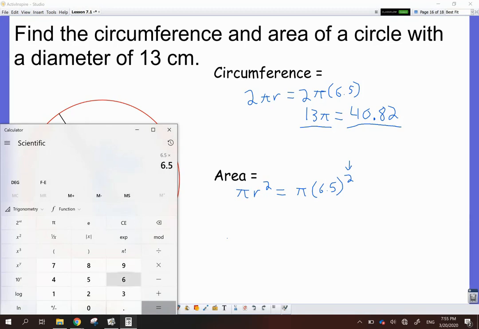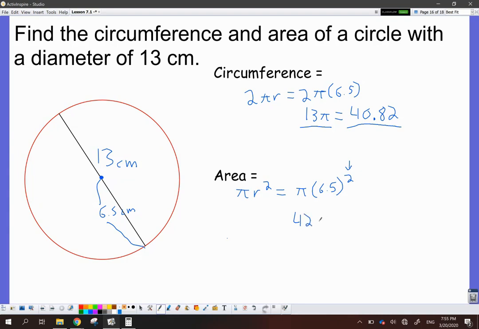So I have 6.5 times 6.5, 42.25. So I get 42.25 times pi.